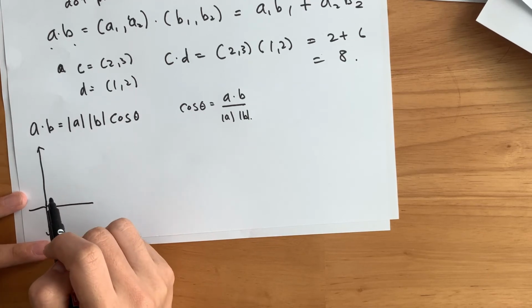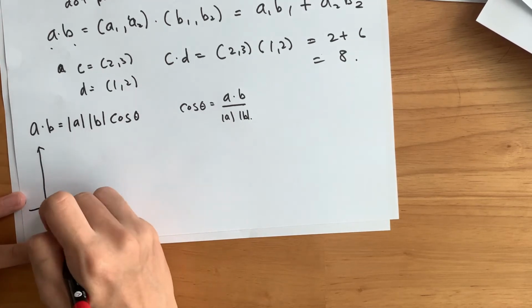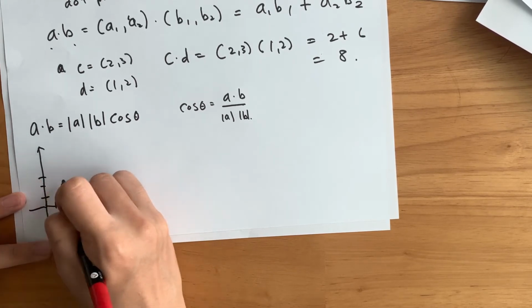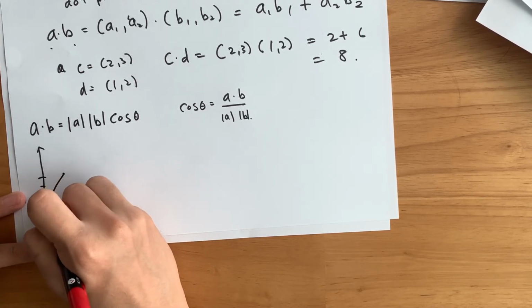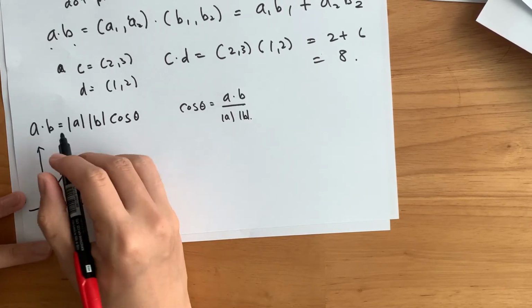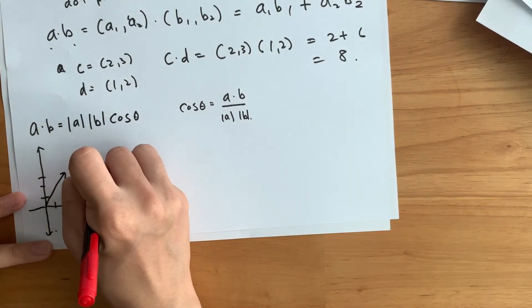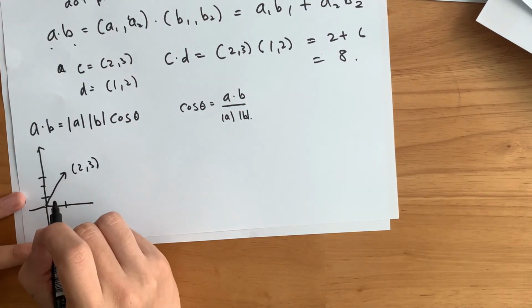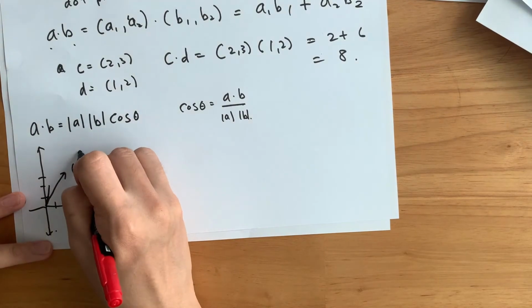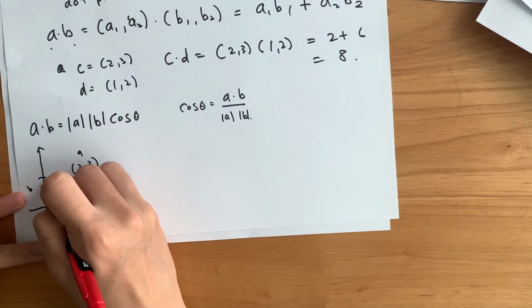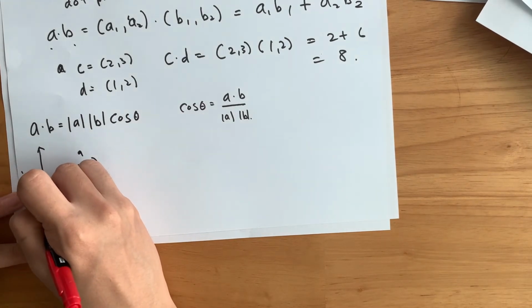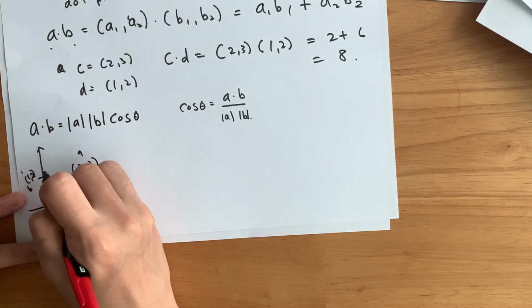Let's say we have A as (2, 3) here, and let's say we have B as (1, 2), like this.